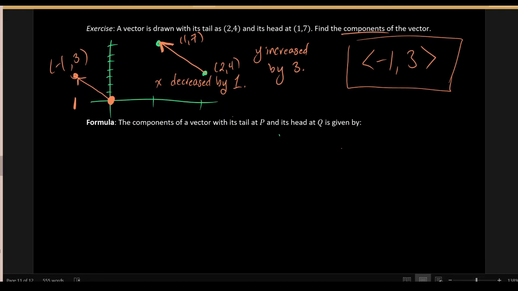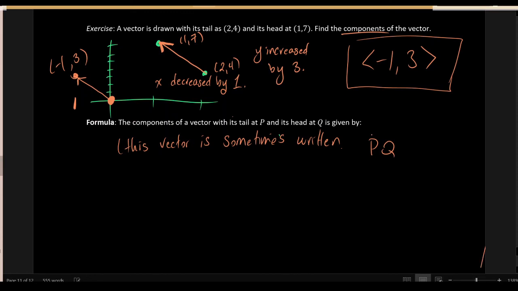So if you want to find the components of a vector, with the tail at a point which I will call P, and the head at a point which I will call Q, first of all, this vector is sometimes written the letter P next to the letter Q, and then an arrow pointing from P toward Q, to indicate that P is the initial point and Q is the terminal point.